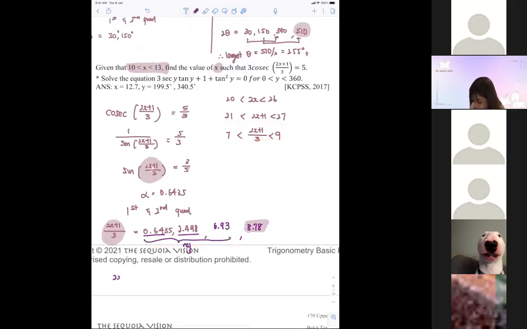Okay, so this one times 3, you will get 26.34, minus 1, 25.34, divide by 2. 3 SF, radian mode.